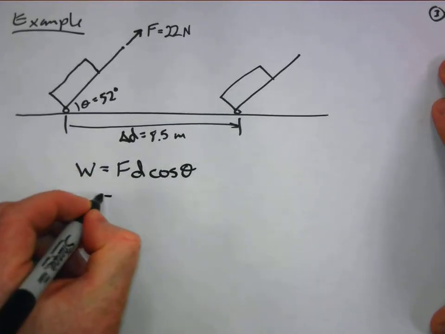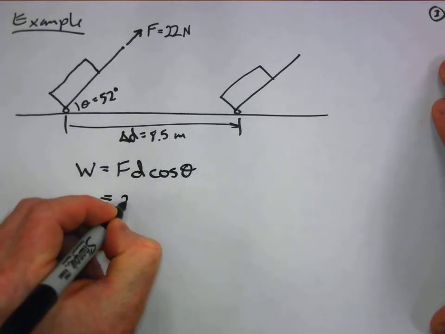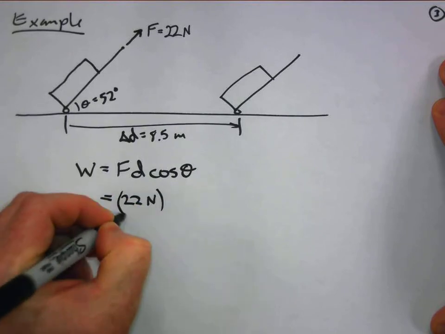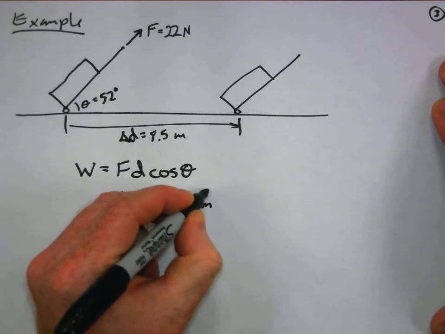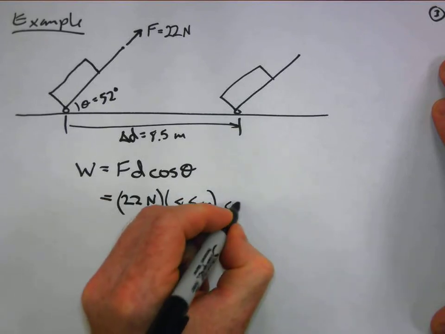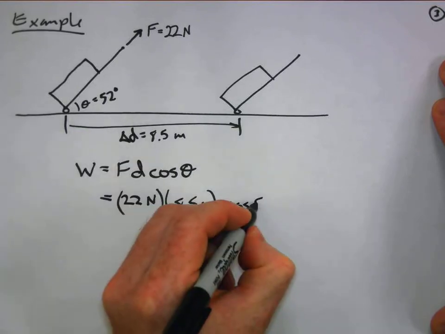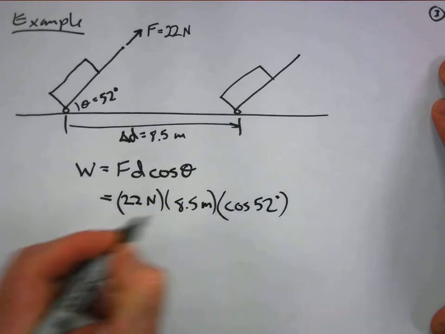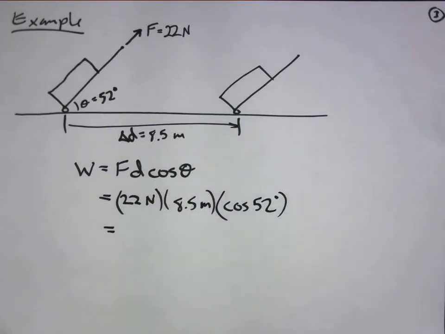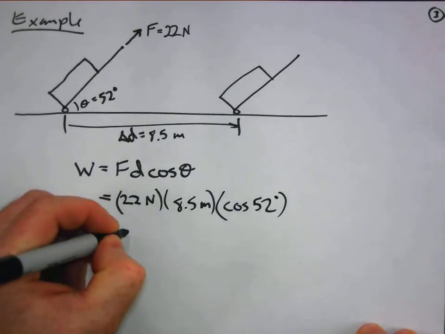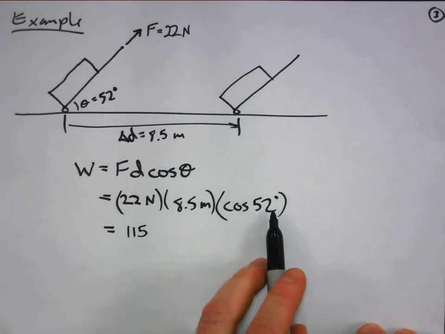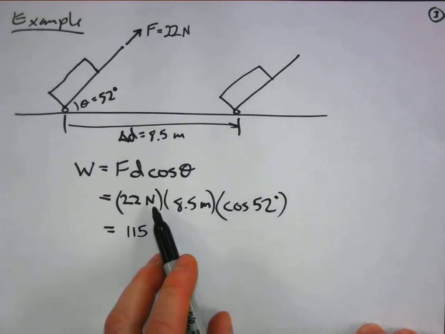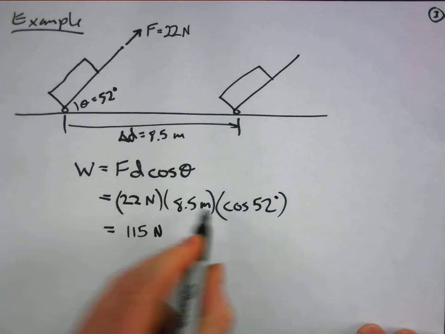All right, well, we have our information. The force is 22 newtons. The distance traveled is 8.5 meters. And cosine of 52 degrees. And when we work that out, we get 115. It turns out cosine of 52 degrees really has no units, so this is newtons and this is meters, so newton meters.